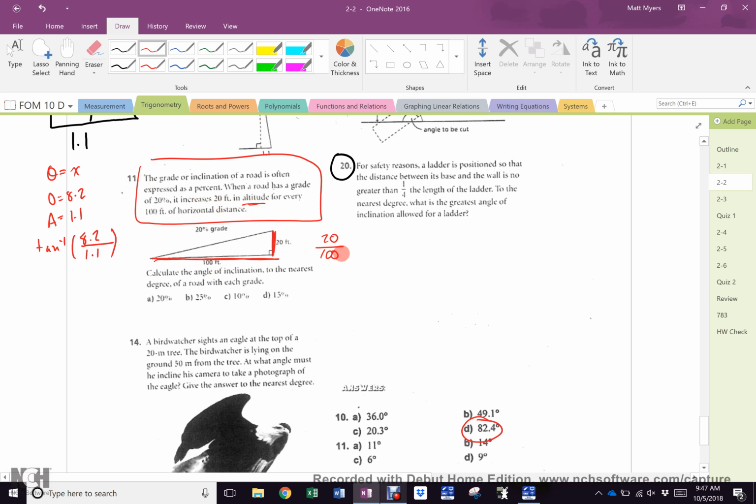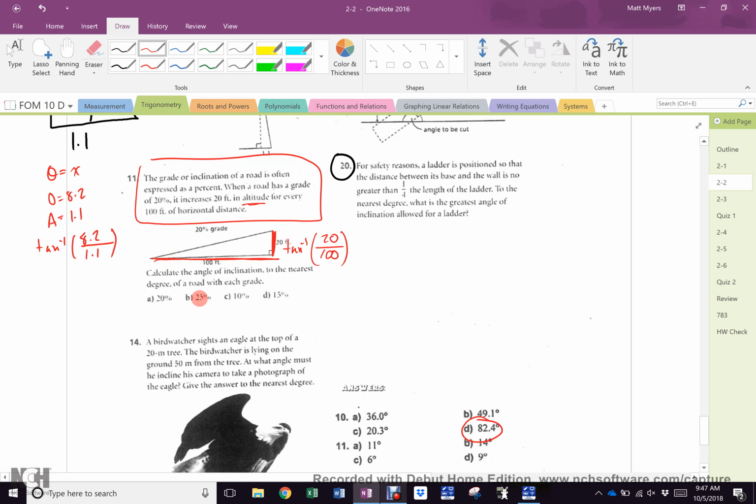And isn't everything over 100 a percentage? Sure it is. So 20% is 20 over 100. That's my bracket, or my decimal, yes? So all I need to do is find the angle. It's the exact same as 10. 20 over 100, but I need an angle, so it is shift tan. And that will give that angle.